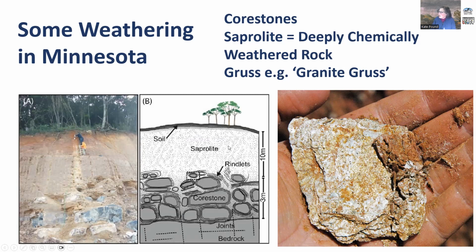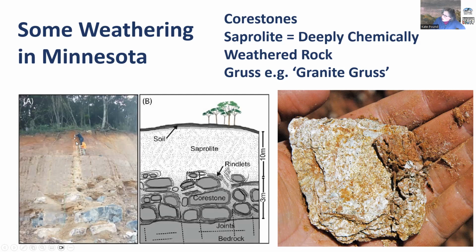There's another word that gets used for it in many other places, particularly if it's sandy, that is grus, granite grus. But let's get back to the core stones. So what happens is there are areas where there are these sort of spherical remnants of granite that are surrounded by saprolite.